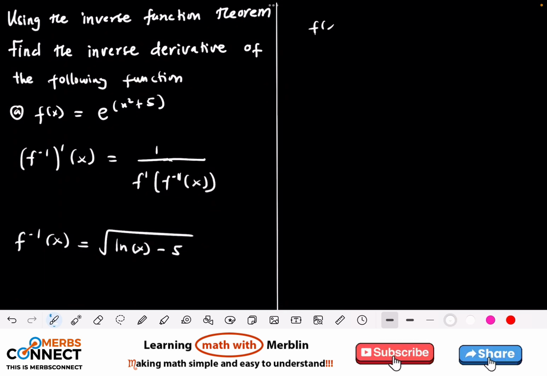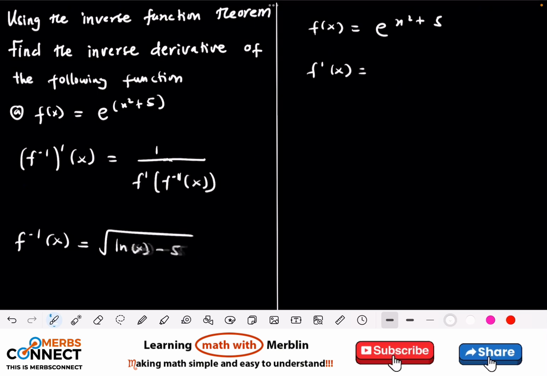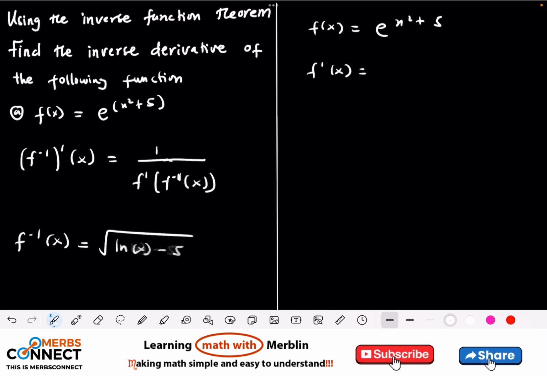So f of x is equal to e to the power x squared plus 5. Now, how to differentiate an exponential function? I have a video coming on how to do the derivative of exponential functions and other functions. So when it's out, make sure you go through the videos.